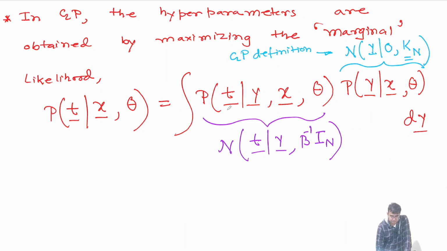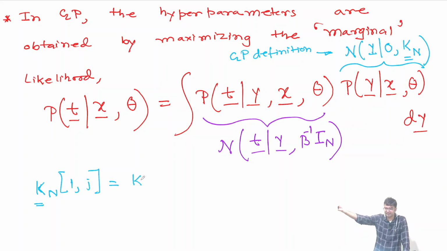Where K n of i comma j is equal to the covariance kernel that you have selected, let's say exponential, squared exponential, or periodic, and then you evaluate it at x i comma x j, semicolon theta k.